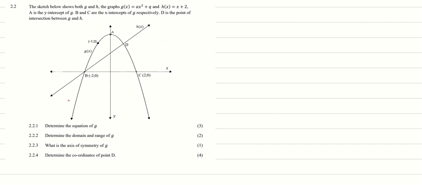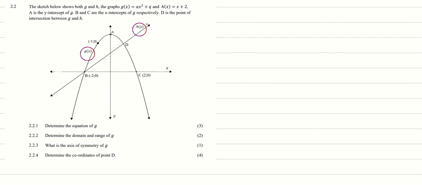Wow, what a beauty in all her majesty. So we have a parabola and we have a straight line graph, and they say the sketch below shows g, the parabola, g of x, and h, the straight line. G of x is ax squared plus q, h of x is x plus 2.